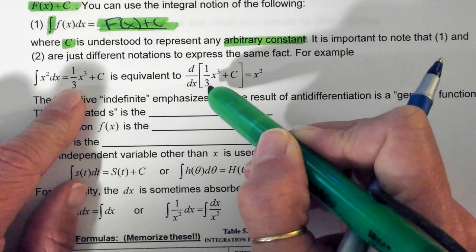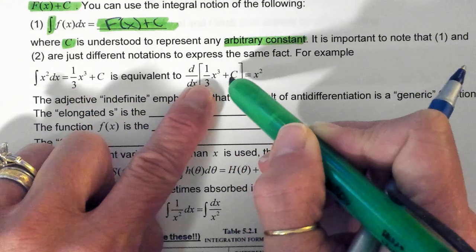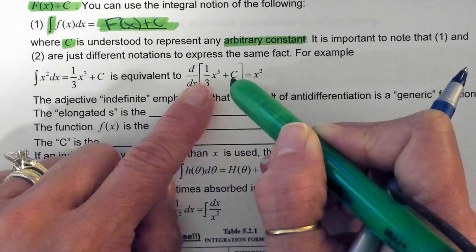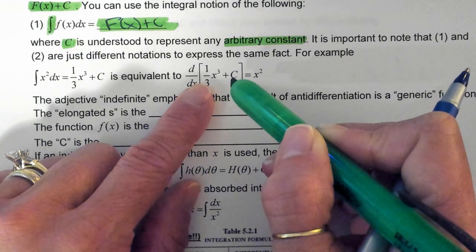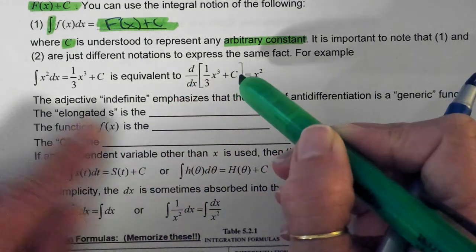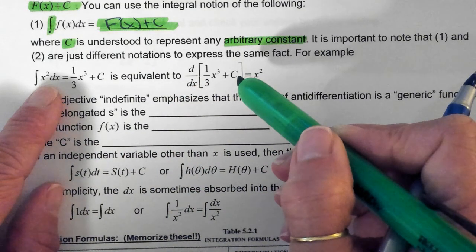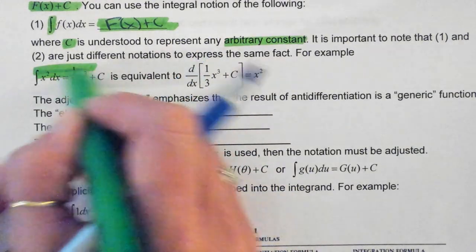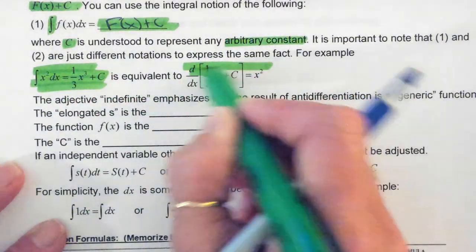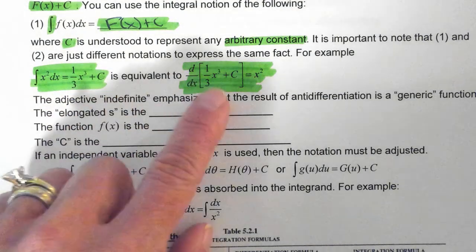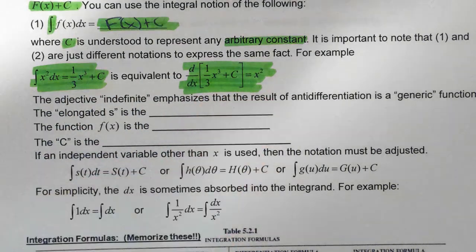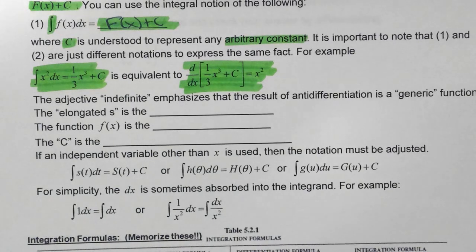Right? And then 1/3 times 3, that goes away, so that gives me the x squared. If c is any constant, 5, 7, 11, 33, -1, what's the derivative of a constant? So that's where you are. Does that make sense? Okay, so these are equivalent. Okay, this is going from the derivative to the original. This is taking the derivative of the original and going to the derivative.